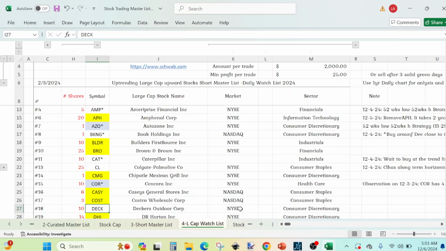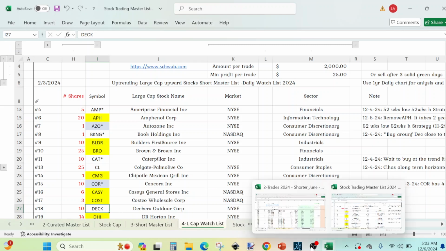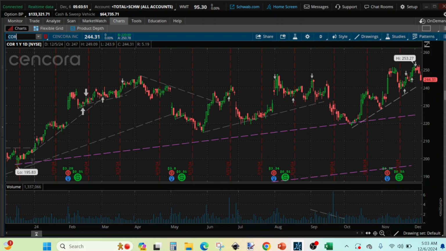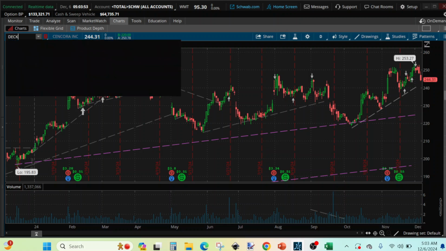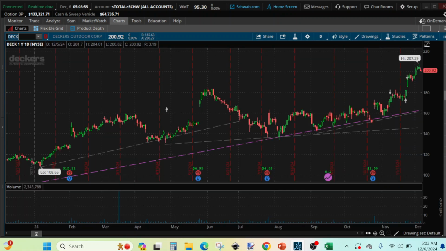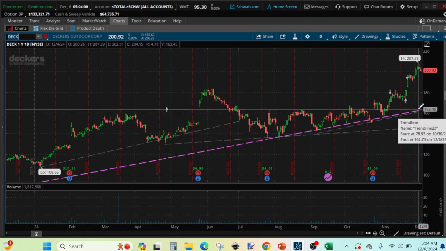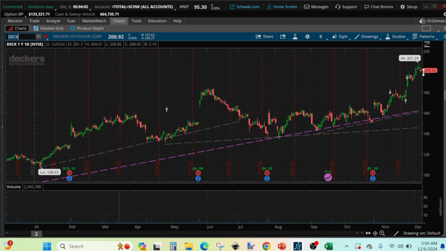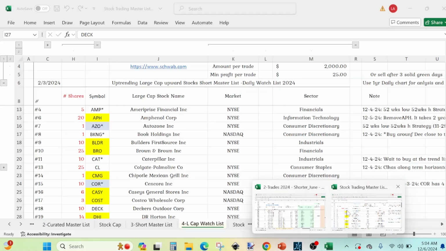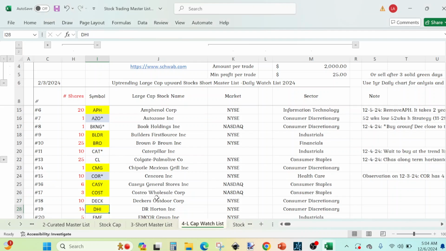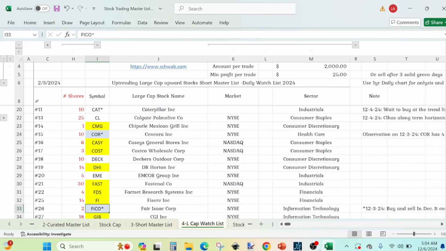So we have DECK. So DECK, we like to buy on the purple line, but it is up there right now. EME.